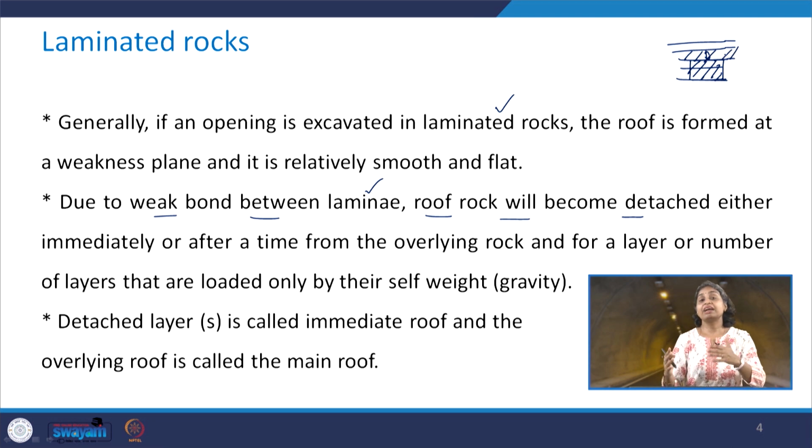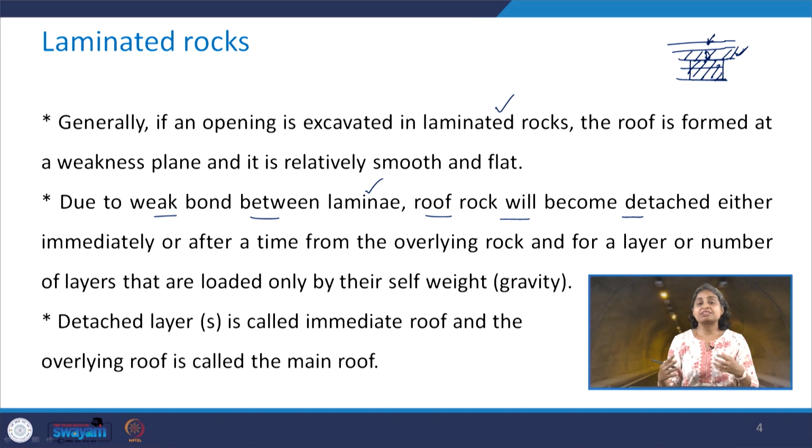It may get detached from the overlying layers immediately or after some time. Another property is that these layers will be loaded only by gravity, that is, only because of their self weight.